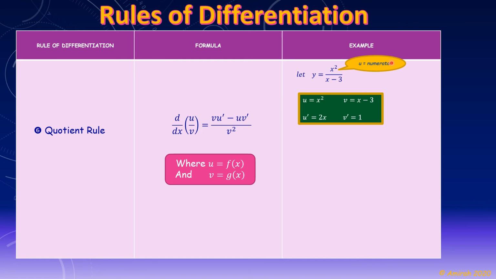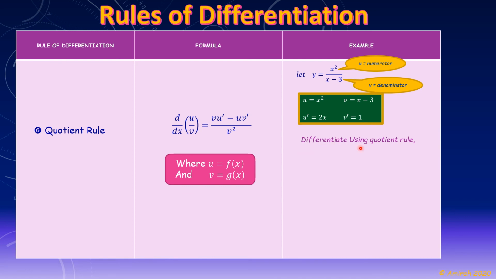U must be the numerator and v must be the denominator. So our u is x squared, and then we differentiate using power rule, so we have 2x. And v equals the denominator x minus 3, and when we find v prime, we have 1.